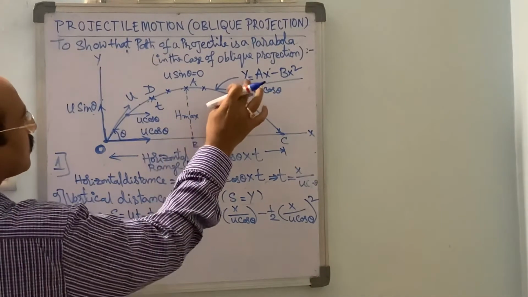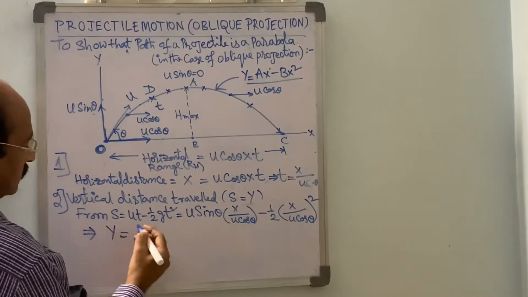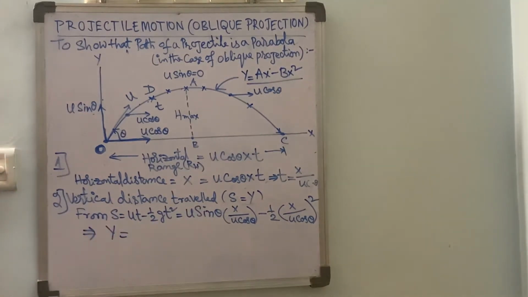We show that y equal to the vertical distance travelled at any instant of time t.